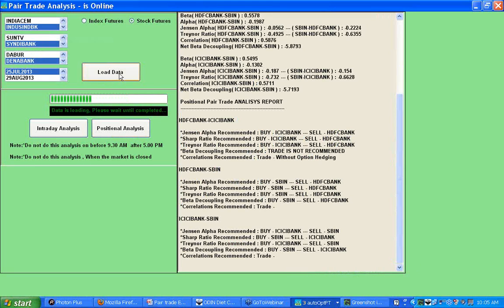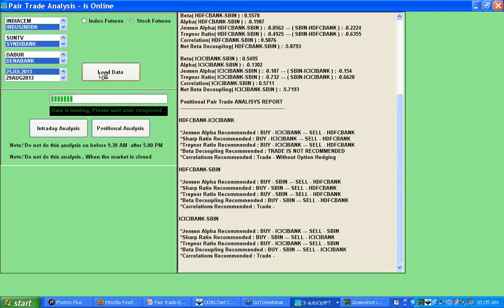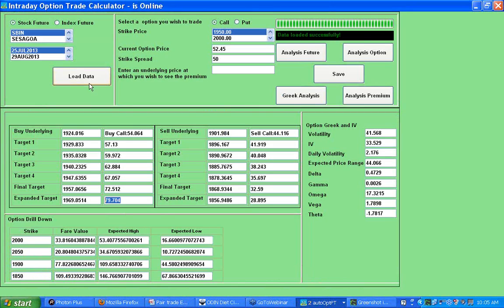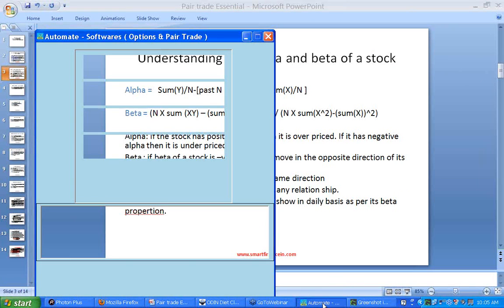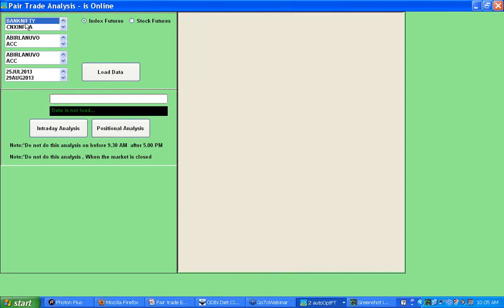This data is not loading, so we'll refresh it and see whether the data is loading or not. Let me close it and open it again. This is the beta relationship you understood.